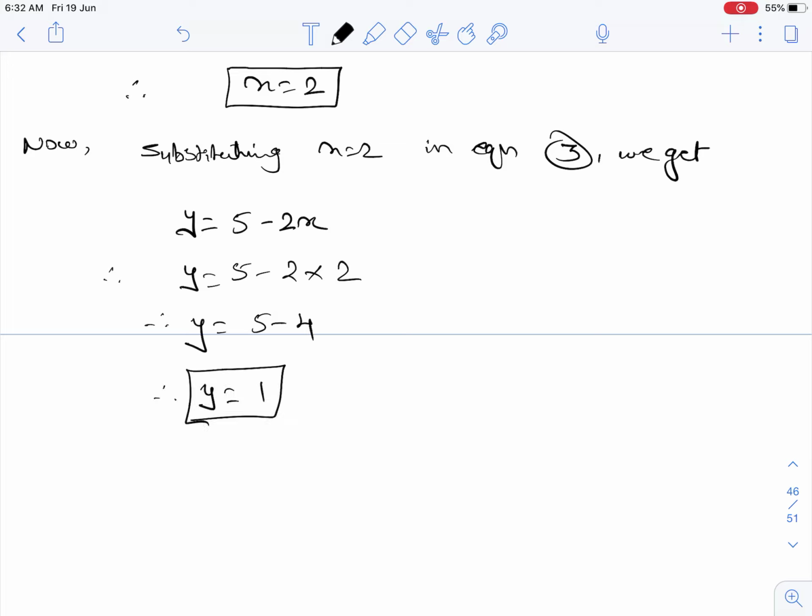So what are the values of x and y? x equals 2 and y equals 1 is the solution of the given equation. Now remember that we have solved this by the first method, that is the substitution method. By the elimination method also you should get the same answer, and by cross multiplication also you should get the same answer.